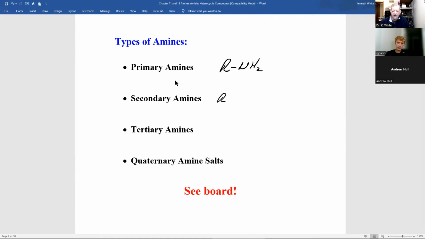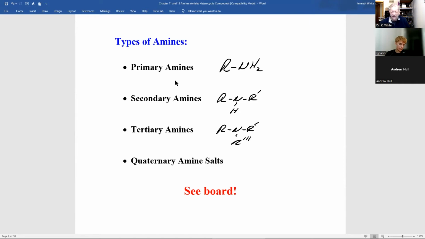Now you can have 2 R groups on that nitrogen, and this is a secondary amine. And then you can have 3 R groups. They can be the same or different. And this is a tertiary amine.